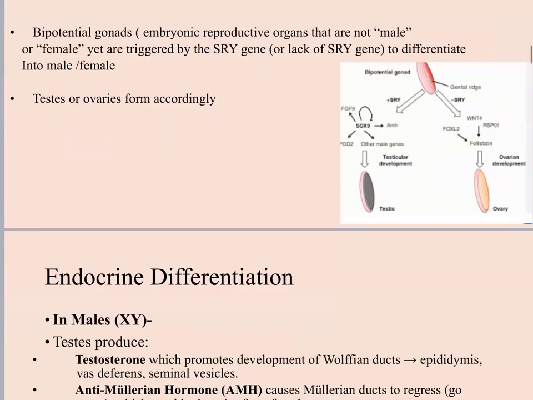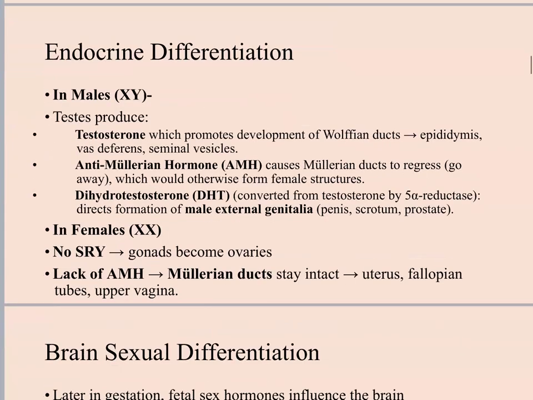So then we have endocrine differentiation. So in the males, the testes are going to be the primary endocrine gland that secretes those sex-specific hormones. Now, I do want to say that it's a little bit beyond the scope of this class.